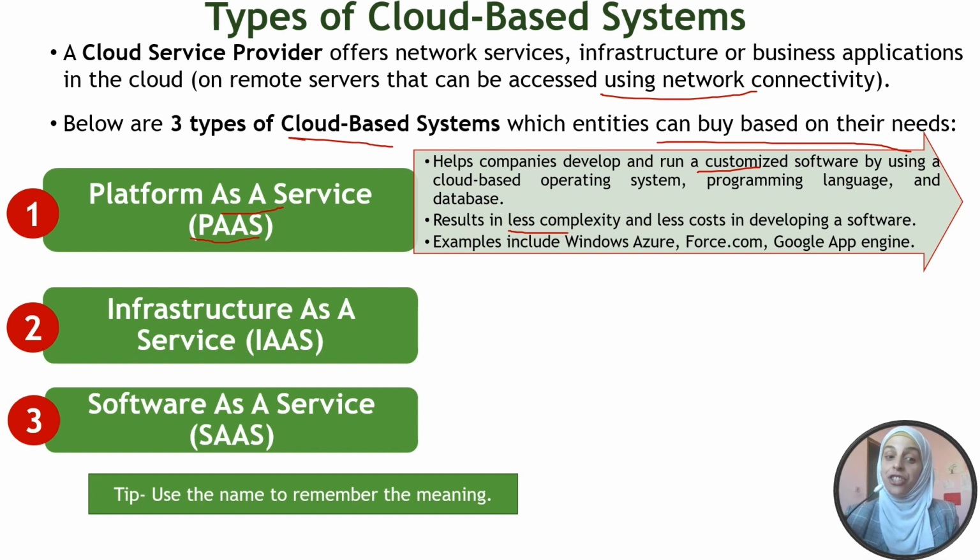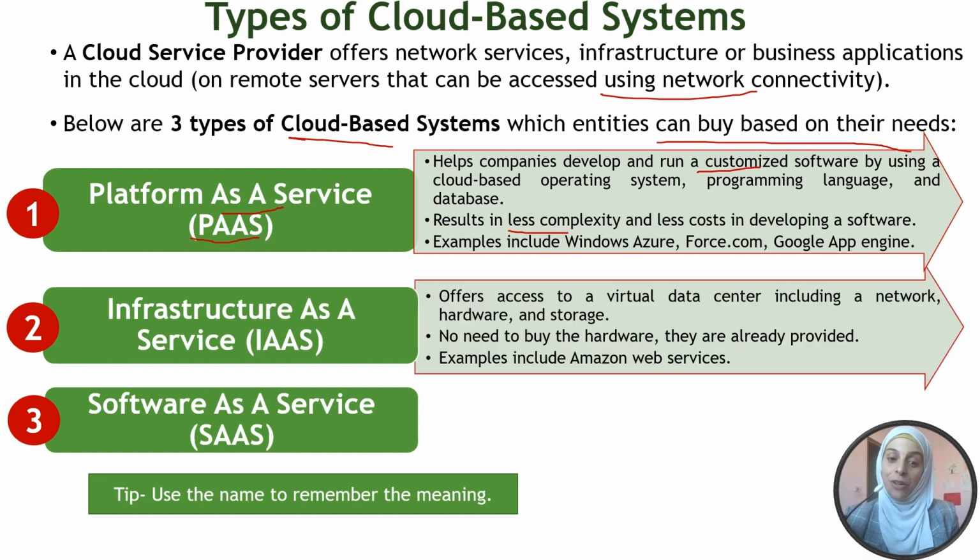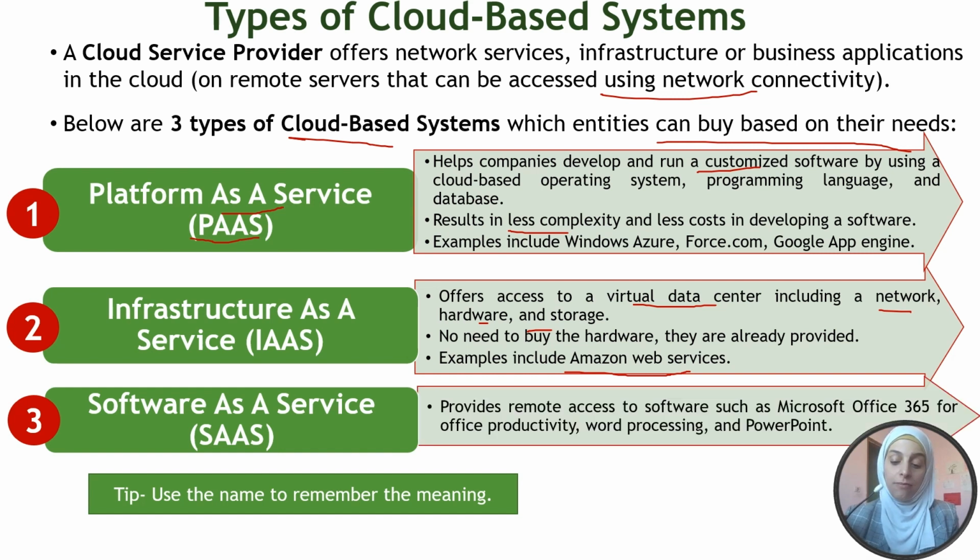Second, we said the infrastructure as a service. This offers access to a virtual data center, including a network, hardware, and storage. There's no need here to buy the hardware. They already provide it. Examples are Amazon Web Services. 3, we have the software as a service.